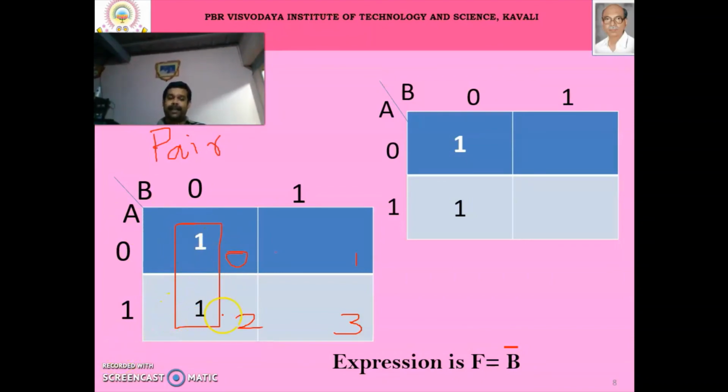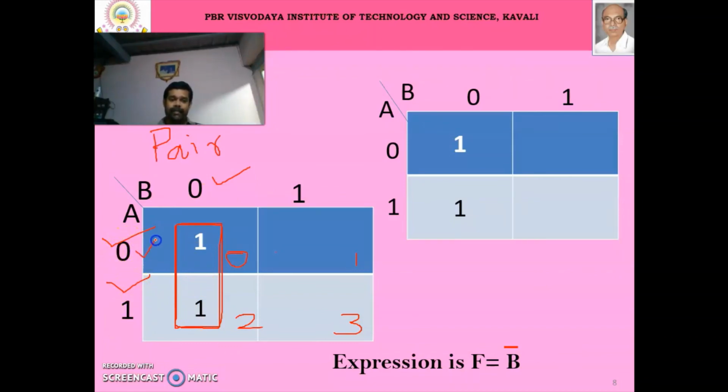Now we have to write the expression. We have grouped in this manner. For grouping these two ones, we have considered this column and these two rows. In these two rows, the value of A is changing.